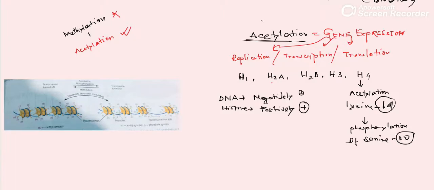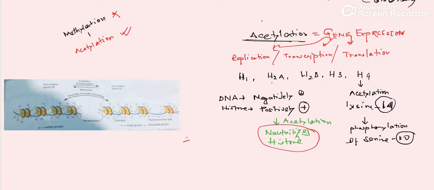But acetylation neutralizes the histone. The histone becomes neutralized by acetylation. I have already told that histone 4 lysine 14 is first acetylated, and then phosphorylation of serine 10 occurs, and it causes the neutralization of the histone protein.